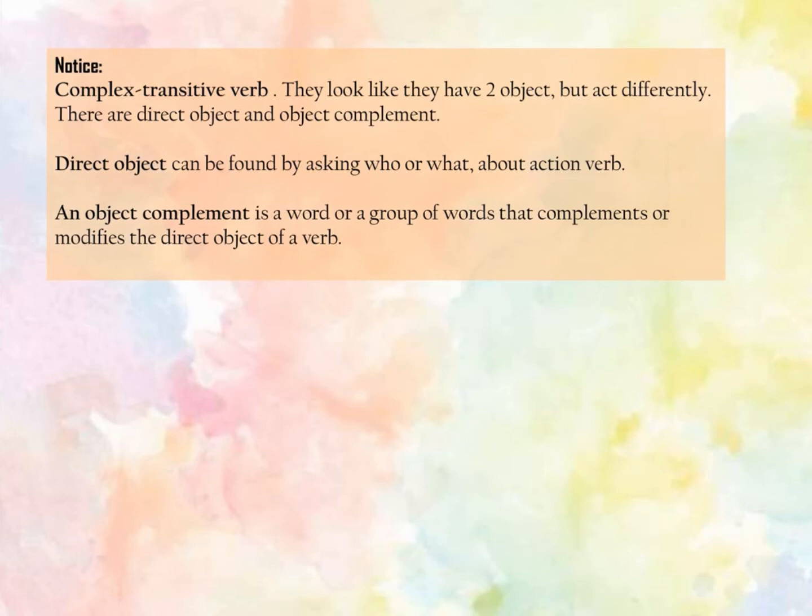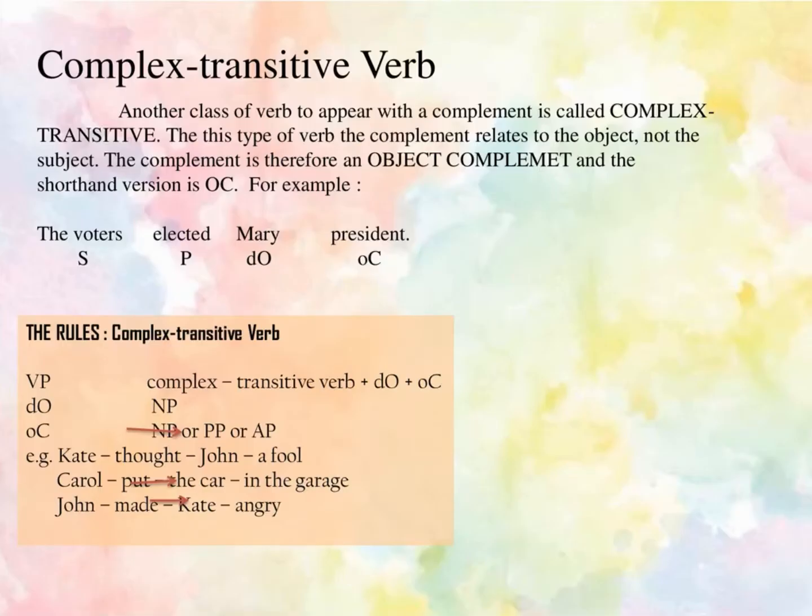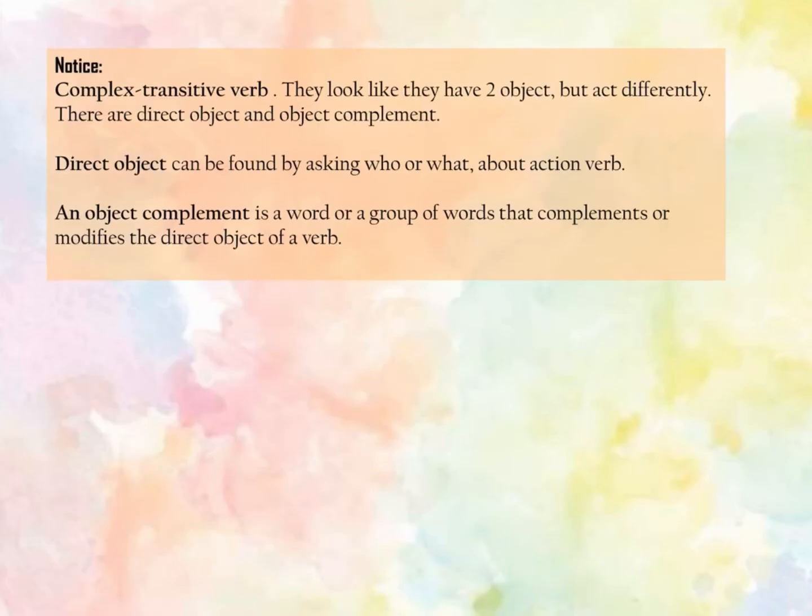So, guys, to identify the direct object of this sentence, we make the question first. The question is, the voters elected president to whom? The answer is Mary. So, Mary is the direct object.